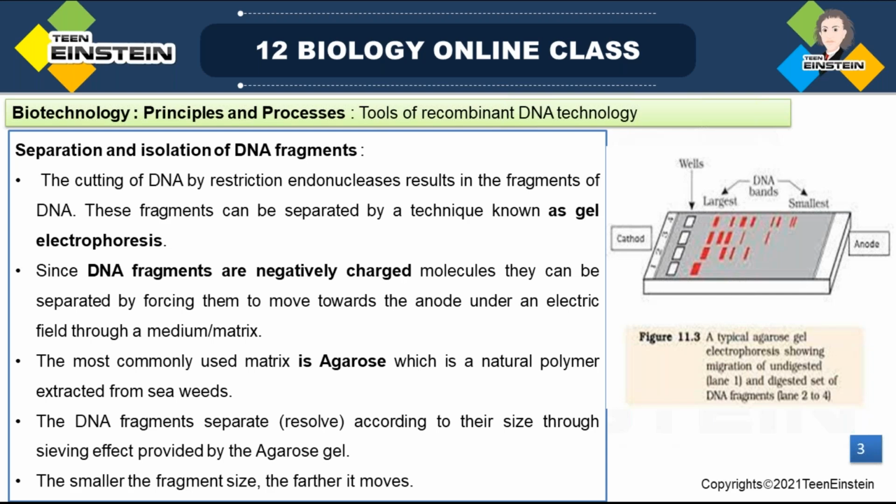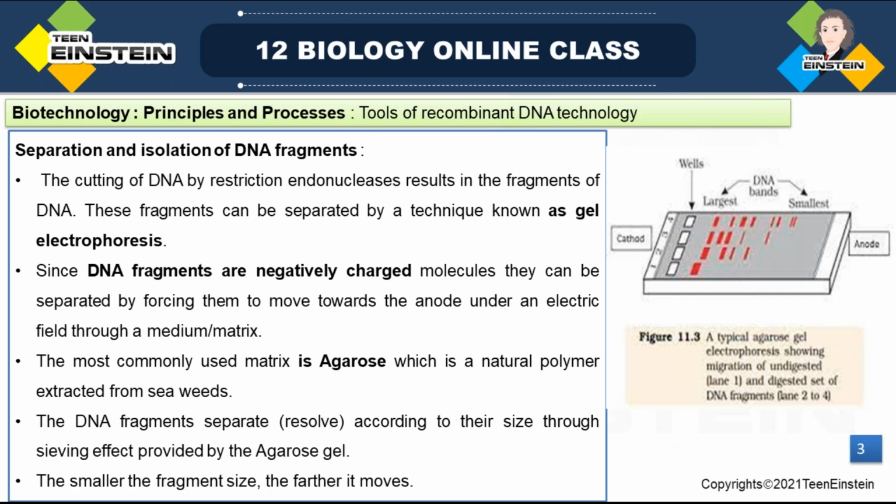Next, we know that we need to cut the vector and the source of DNA with the same restriction enzyme. For what? To create the recombinant DNA, right? From the normal combination, we are making a recombination. That's why it is called recombinant DNA.